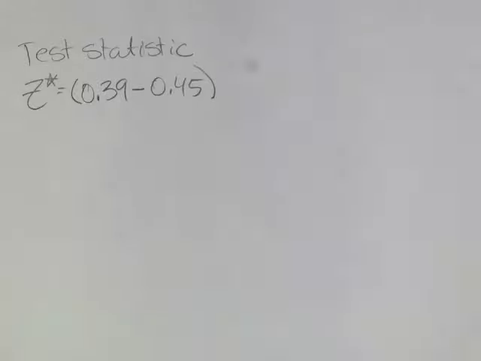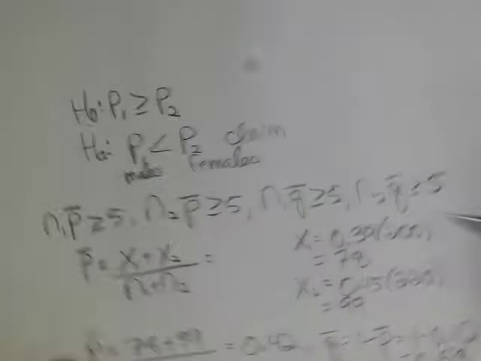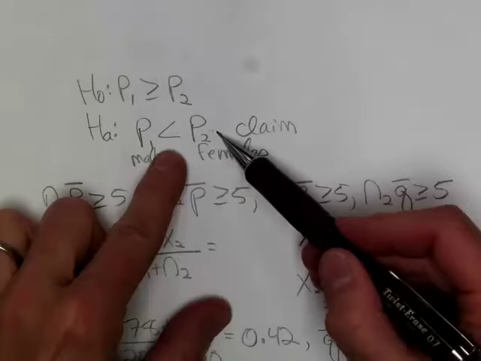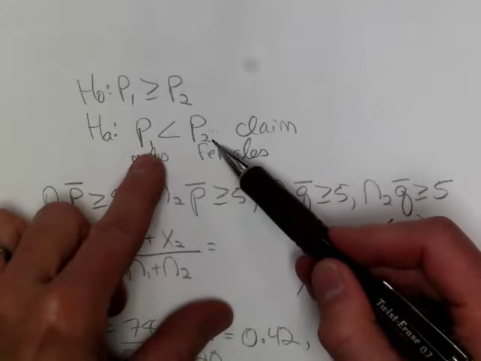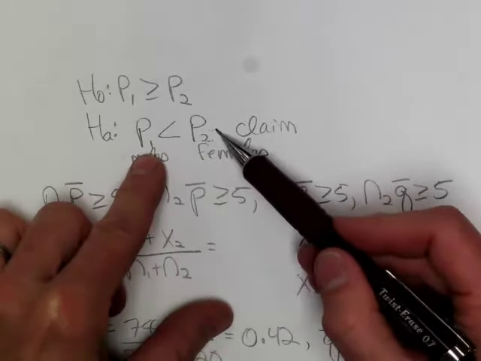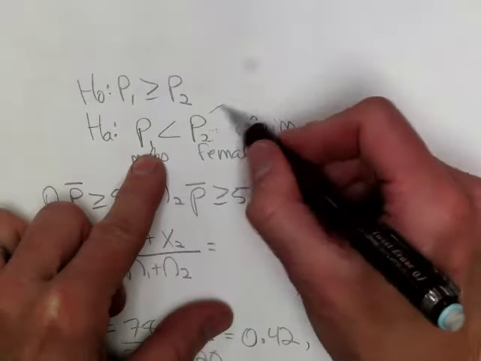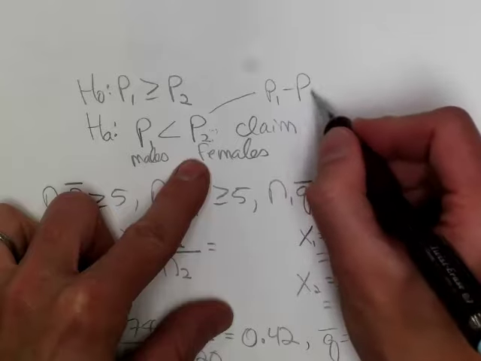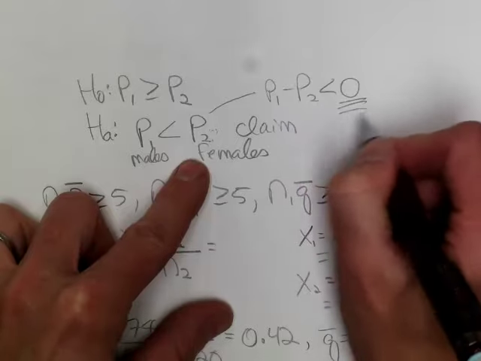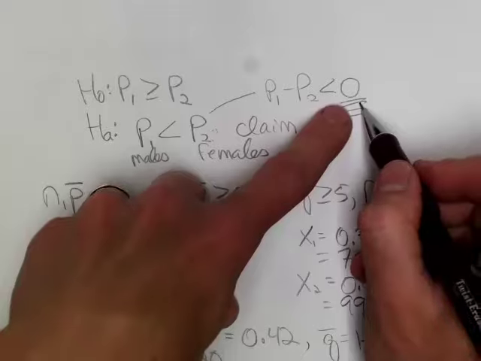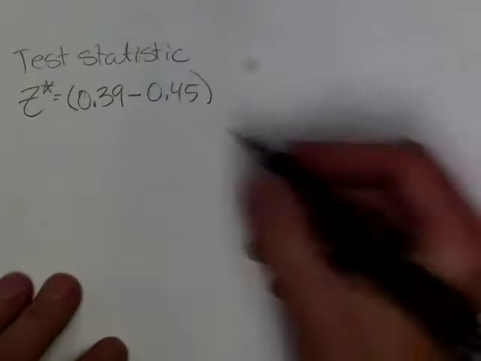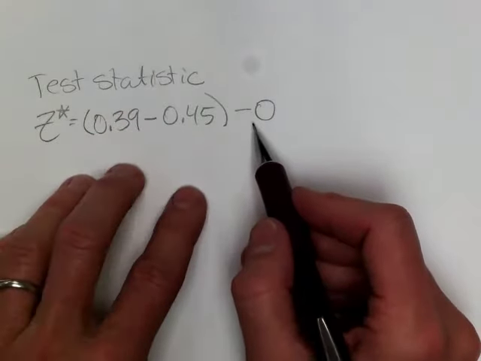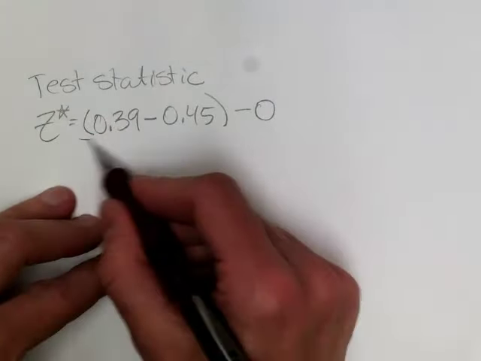The reason why is if we go back to our hypotheses, if I were to subtract P2 from both sides of this inequality, this side would be 0. So in other words, this is the same thing as saying P sub 1 minus P sub 2 is less than 0. That's what we're going to put in for that P1 minus P2 part in the numerator.